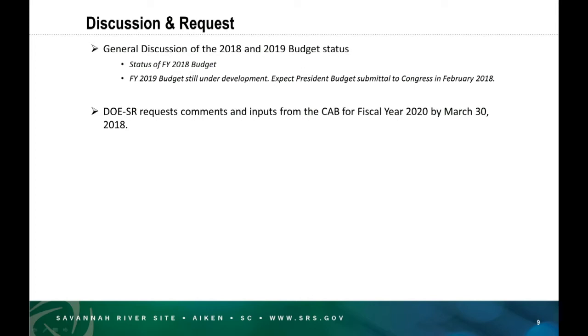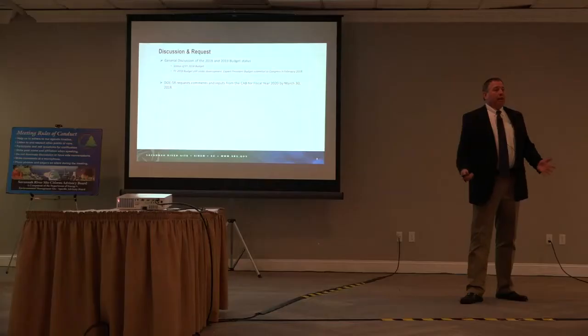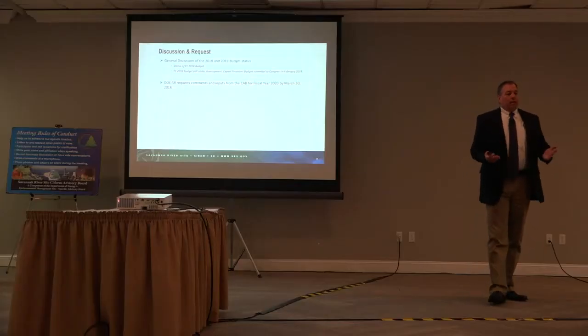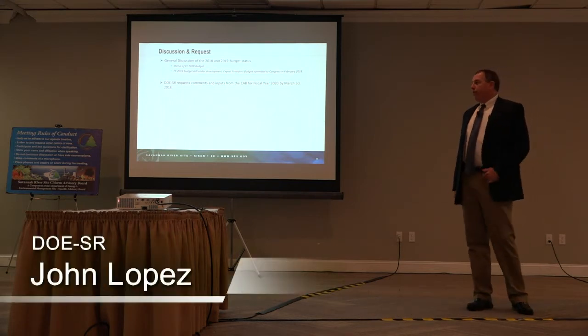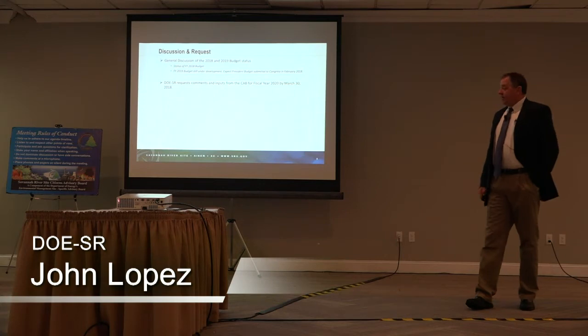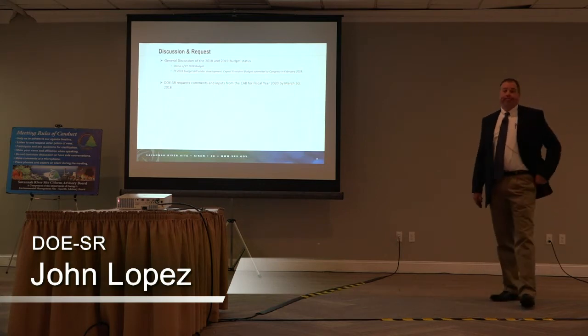We don't know what the final numbers are. We'll know at the same time you do, when the president releases his budget in February. So here we are getting ready for fiscal year 20, and that's really the purpose of why I'm here today, to request your input for our fiscal year 20 baseline, or 20 budget.